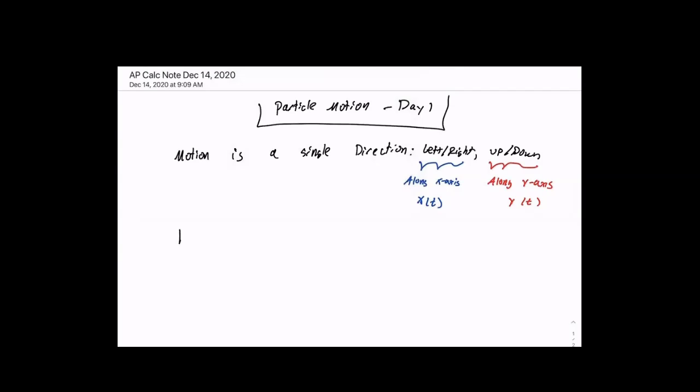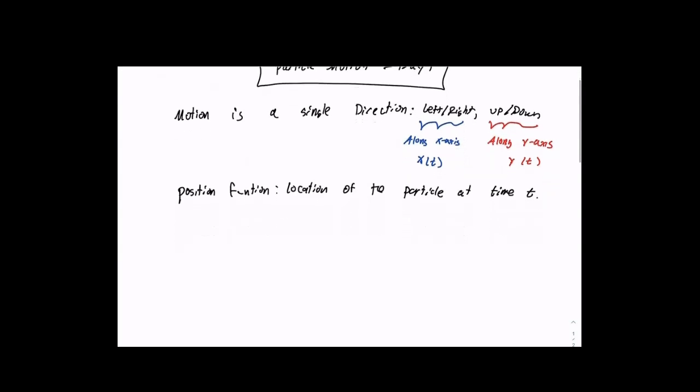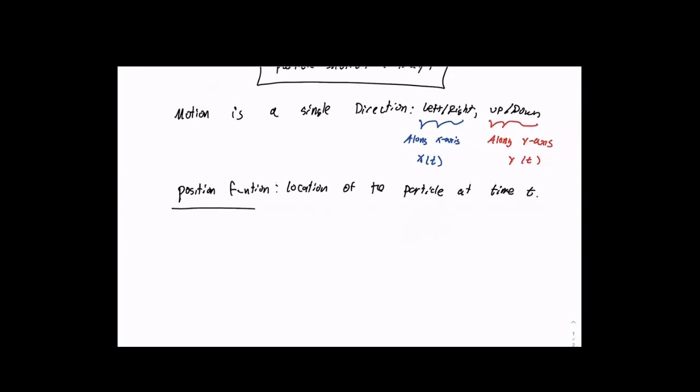So when I talk about the position function, this is the location of the particle at time t. So at any point in time t, where is my particle's position?